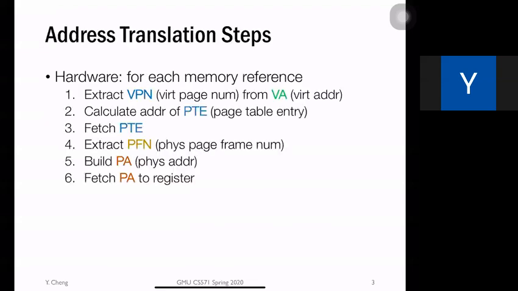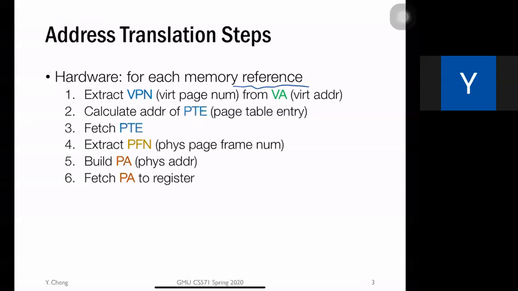Okay, so this slide shows a protocol, which is the address translation steps. Let's zoom in from the hardware perspective: how to support the memory access, or the memory reference.